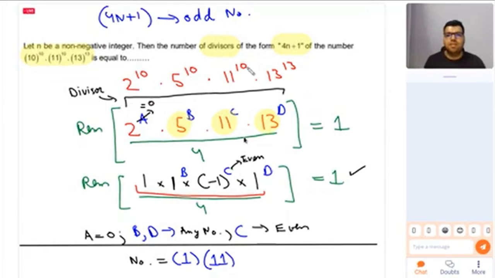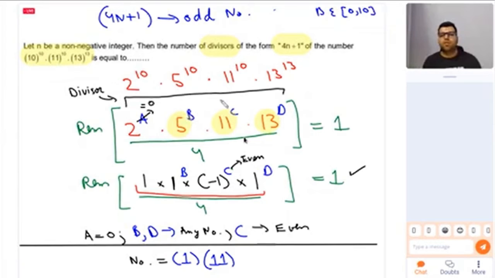A, B, C, D were initially any numbers from 0 to 10. No, sorry. It is clear that B will be between 0 to 10 because B is the power of 5.